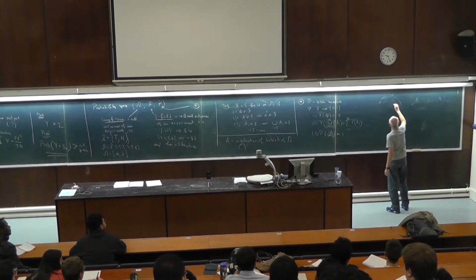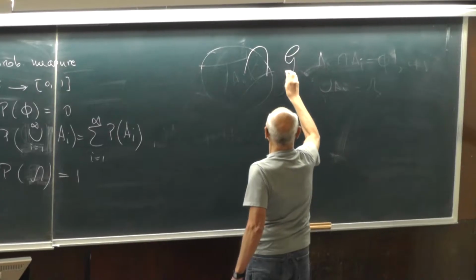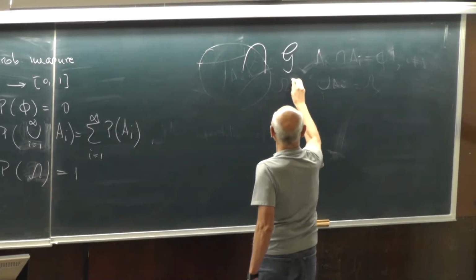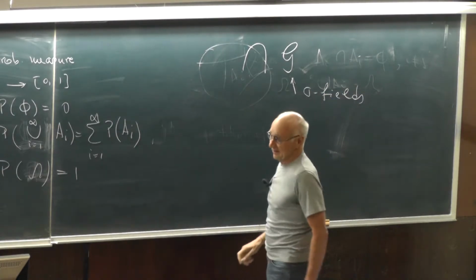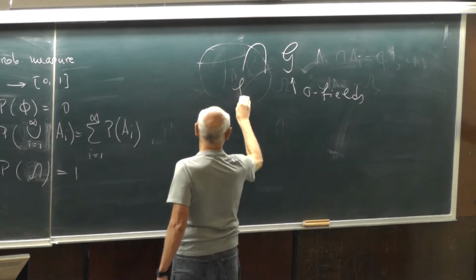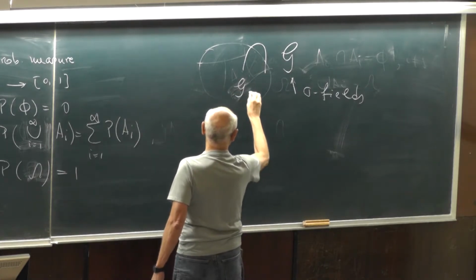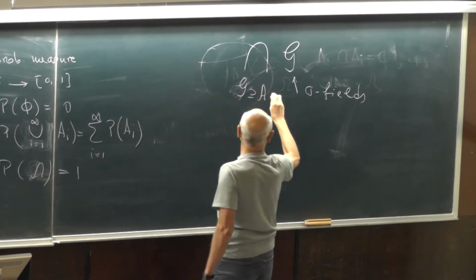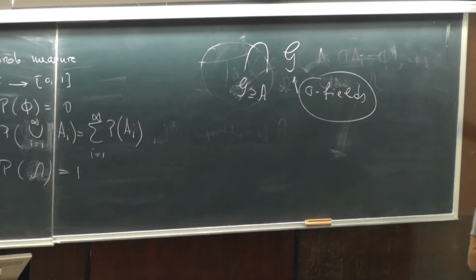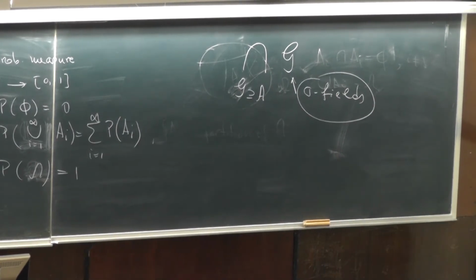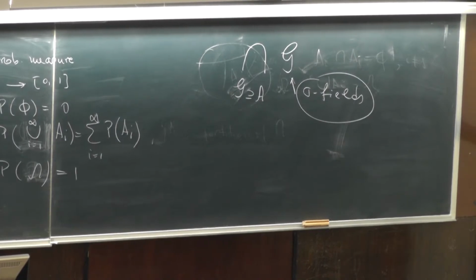So we are looking at this intersection. These are sigma fields with the following property, that G, this sigma field, includes A. Okay? So again, sigma field G, the only requirement is that it's larger than our set A we started from.